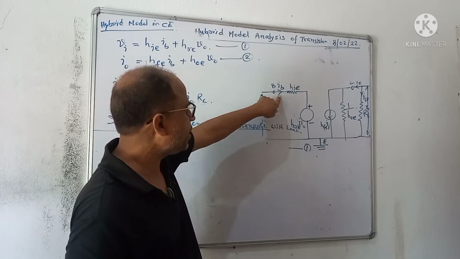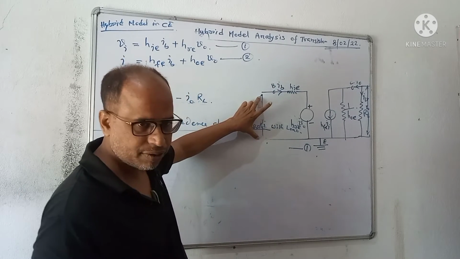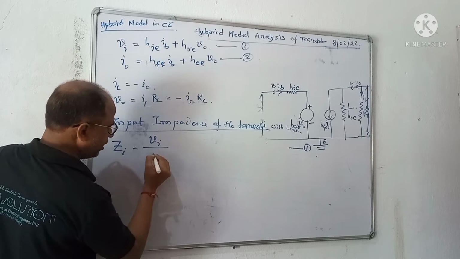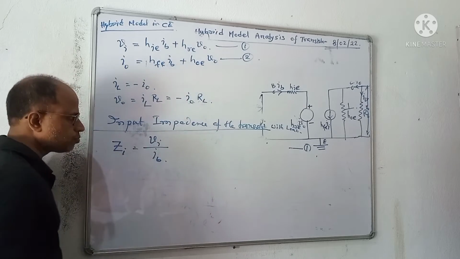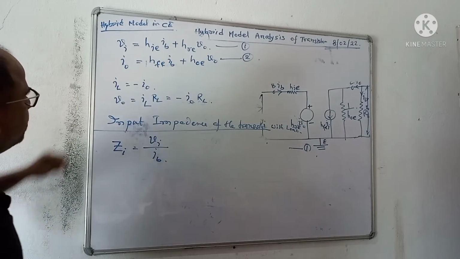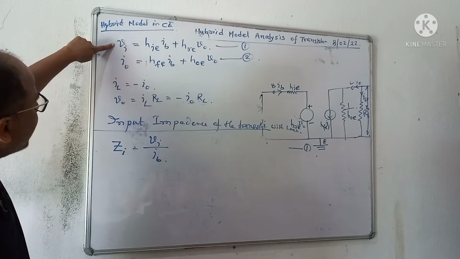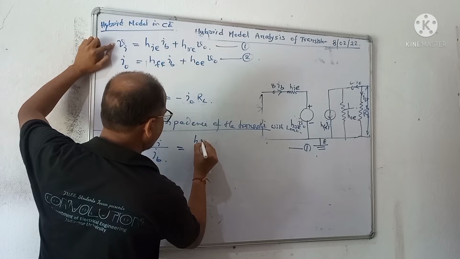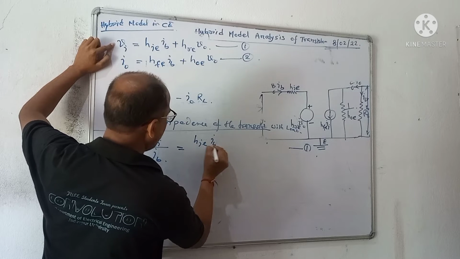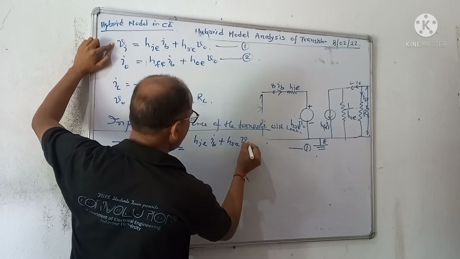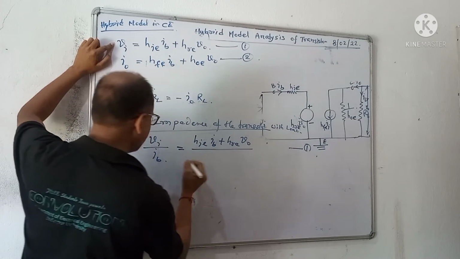Input current is IB, input voltage is VI. Therefore VI by IB. Now, from equation 1, we have VI equal to HIE into IB plus HRE into V0, divided by IB.